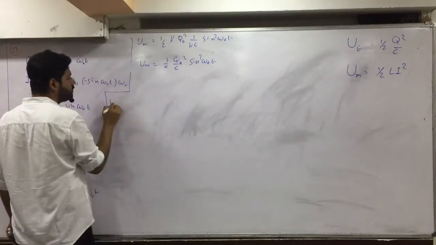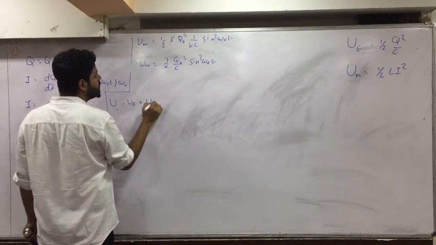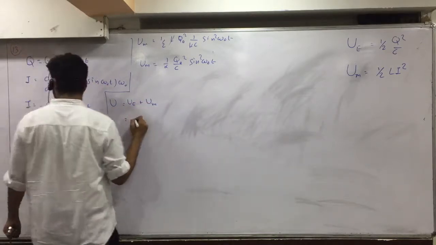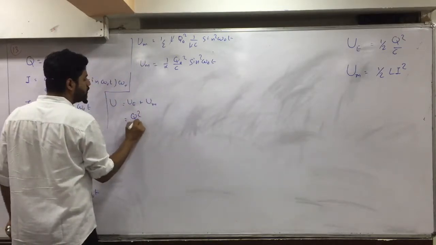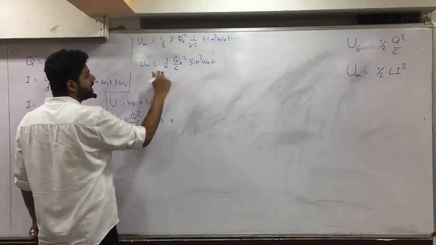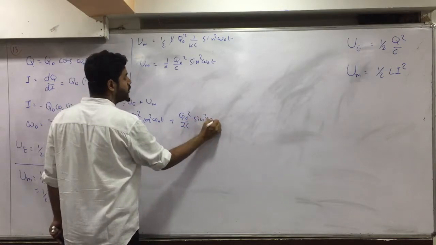Now let's talk about U total, which is U electric plus U magnetic. U electric is given by q0 square by 2C into cos square omega 0 t, plus U magnetic is q0 square by 2C into sine square omega 0 t.